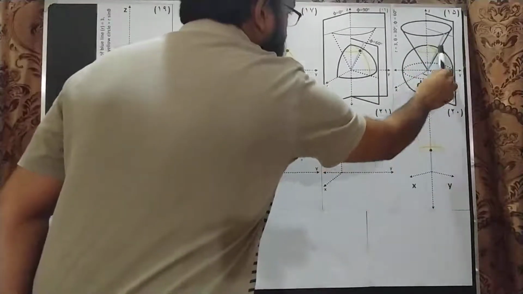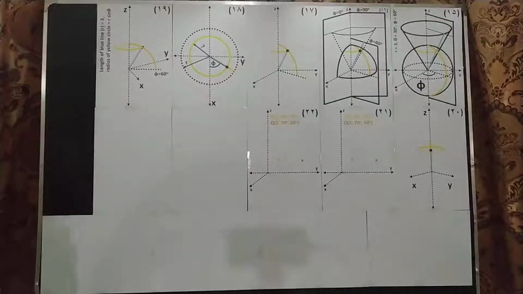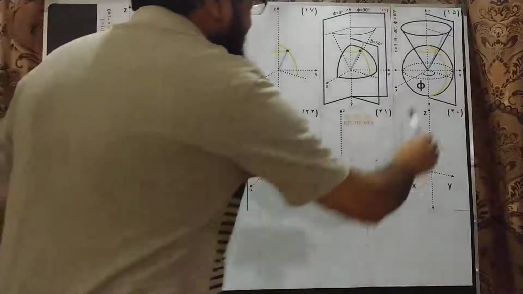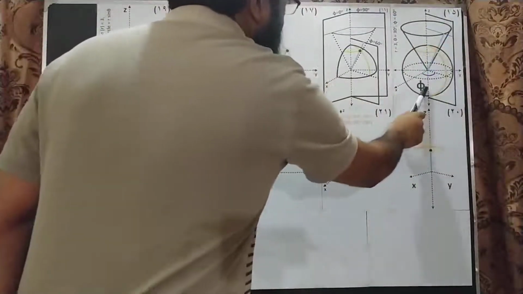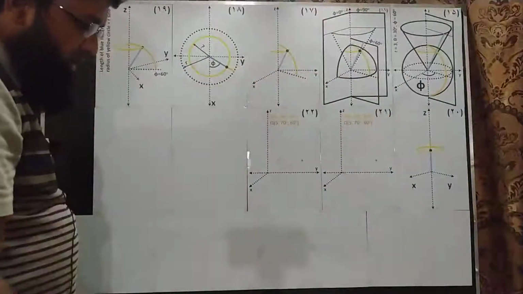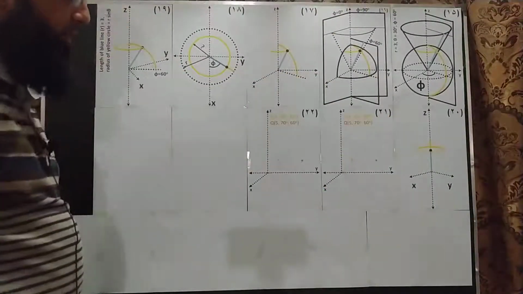We had latitude circles at the intersection of r equals constant and theta equals constant, and at the intersection of phi equals constant and r equals constant we have got the longitudinal lines.